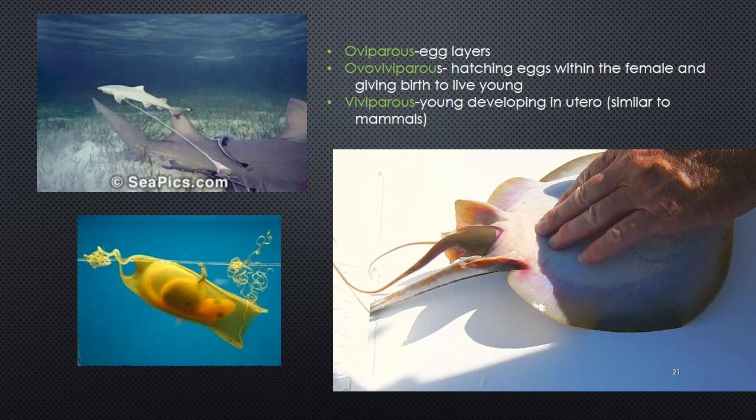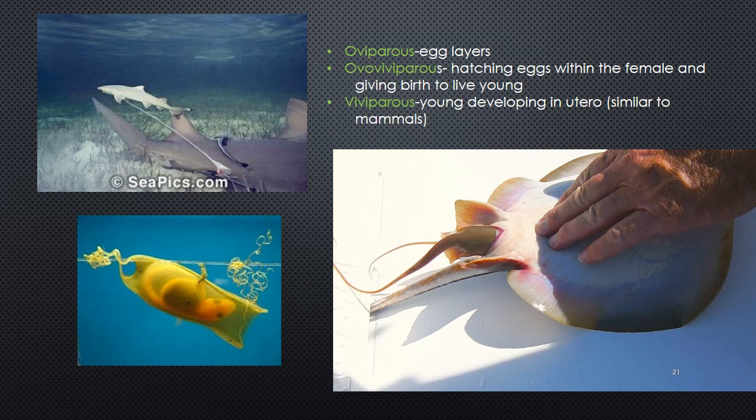So within the class Chondrichthyes, we see all three of the different types of birthing methods. So let's just mention that real quickly, so that you understand the terms. As we mentioned before, ovo usually refers to egg, vivi refers to live birth. So oviparous are egg layers, just straight out egg layers.